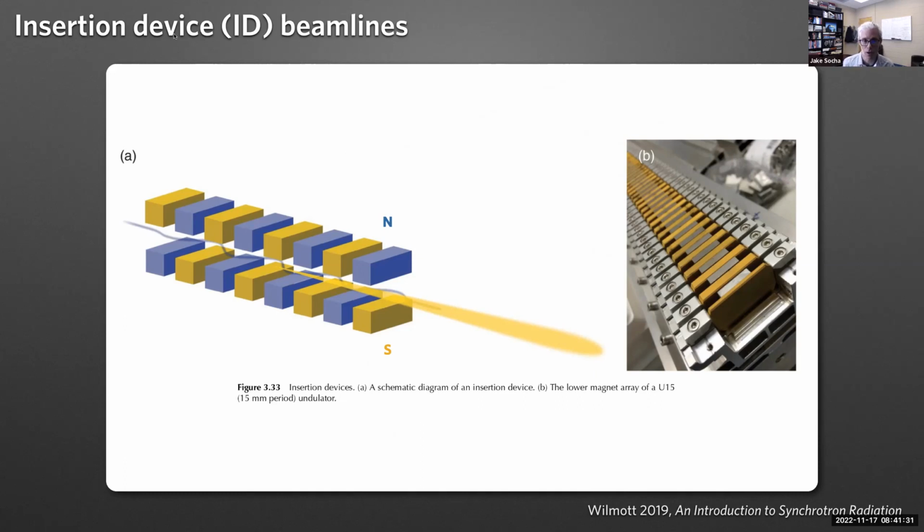But essentially, in these types of beam lines, the electrons are passing through a magnetic field, but they are flipped in polarity in sequence. And so what happens is the electron passing through there turns one way, then it turns the other direction, then it turns another one. And every time you do that, you collimate the X-rays. And so what you get as a result of this is an extremely powerful X-ray.